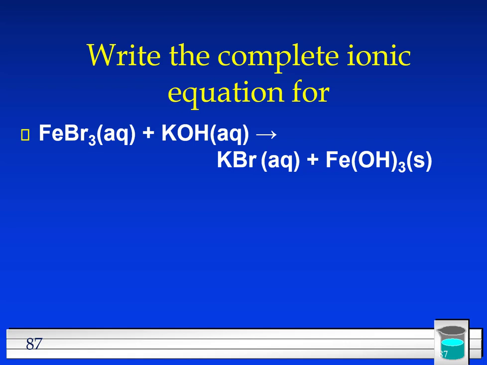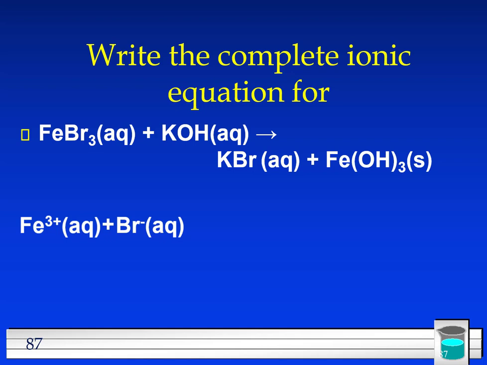It says aqueous next to it, so there's not really FeBr3. I know Br is 1 minus, so I can figure out that the Fe has to be 3 plus. So what's really there is Fe3+ and Br-. All I did was take the FeBr3 and say what ions there are. So instead of it being iron 3 bromide, it's iron 3 ions and bromide ions.